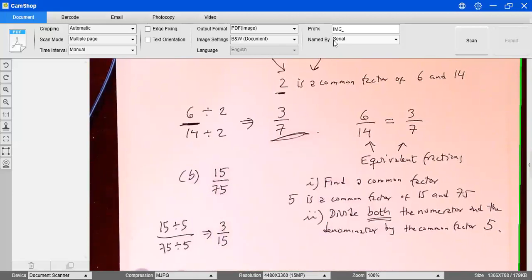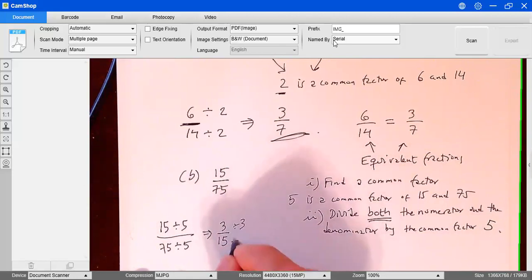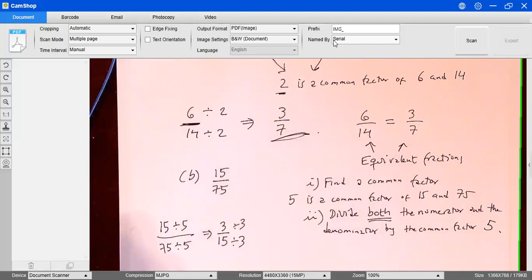And we see that these two numbers also have a common factor. So now you know that 3 is a common factor of both 3 and 15. So you're gonna divide by 3, both the numerator and the denominator.